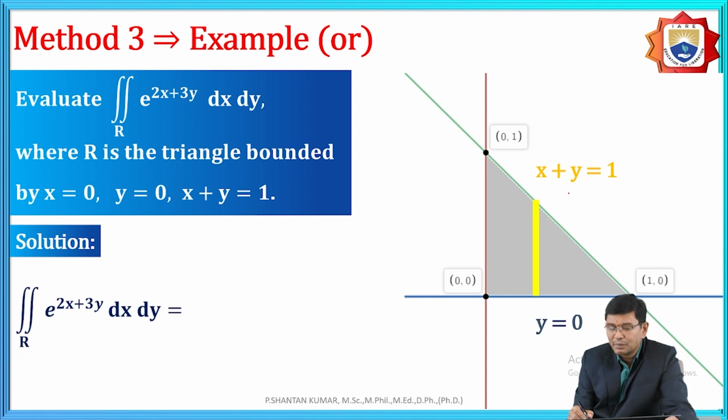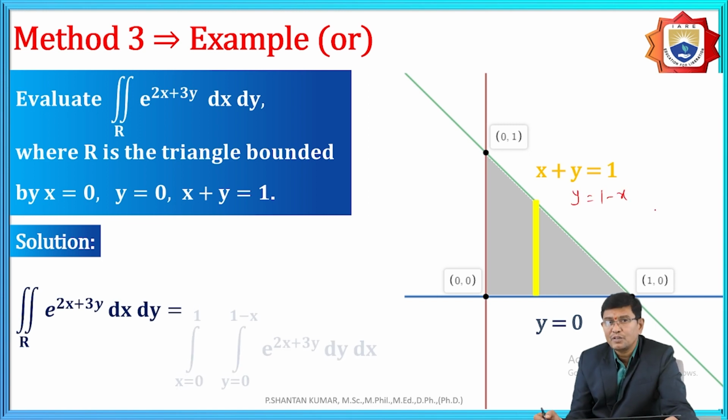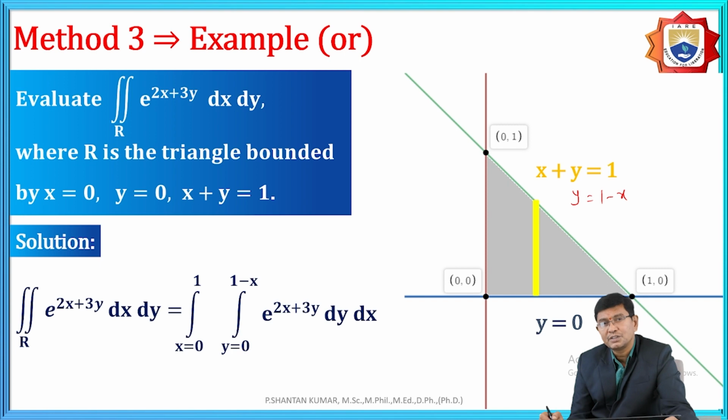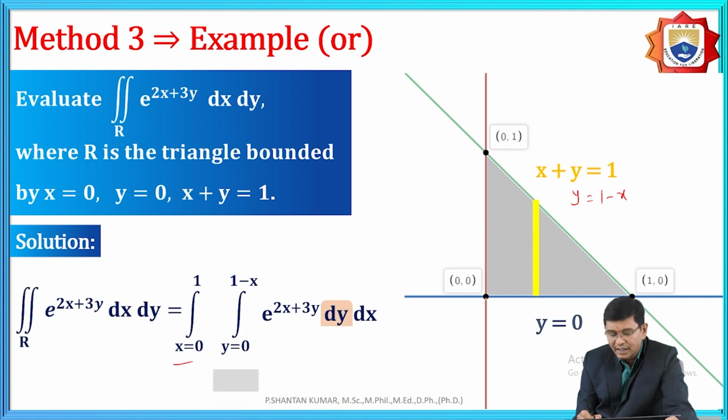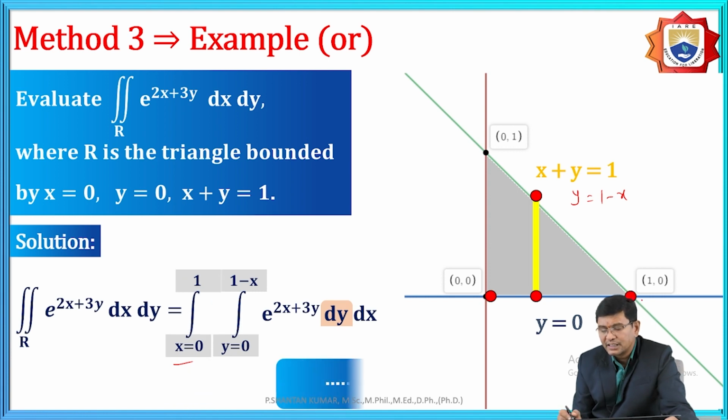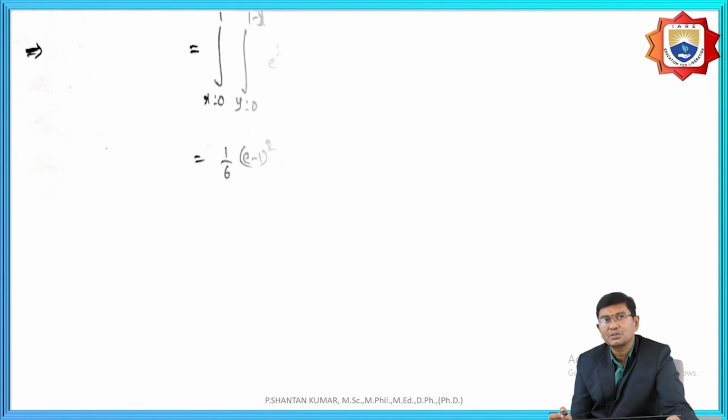Therefore, the y limits are 0 to 1 minus x, and the rest of the limits are x is equal to 0 to 1. 0 is the left side, the right side is x is equal to 1. Now we need to integrate and we get the solutions.